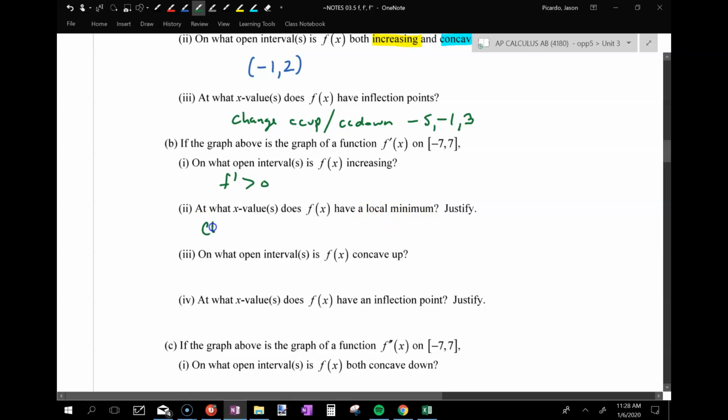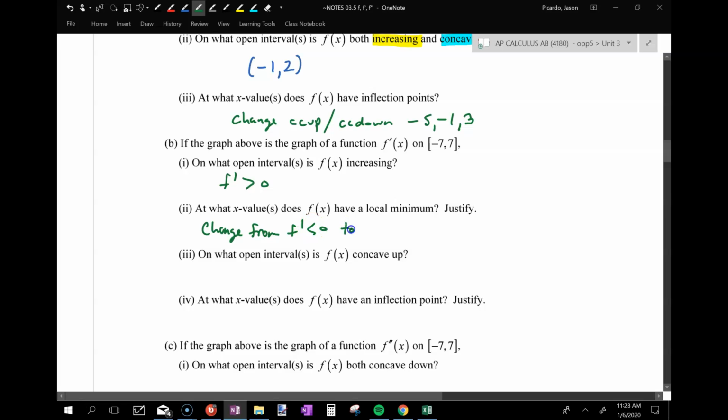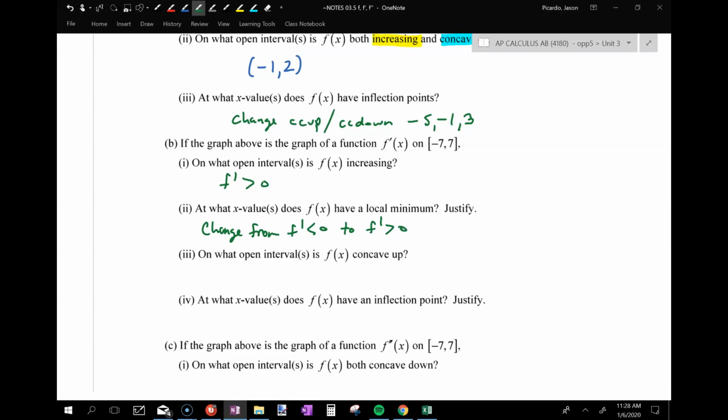To have a minimum, what has to happen? A minimum has to happen when I go from decreasing to increasing. When I change from this to this. Agreed? It's the only way I'm going to get to a minimum.